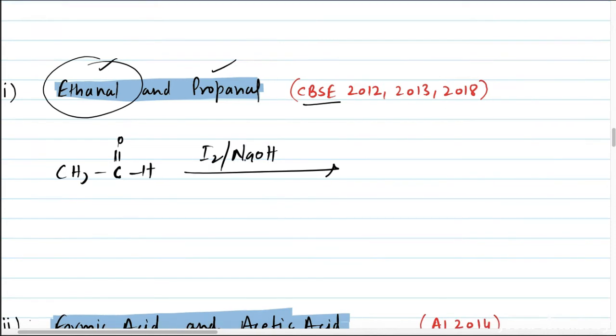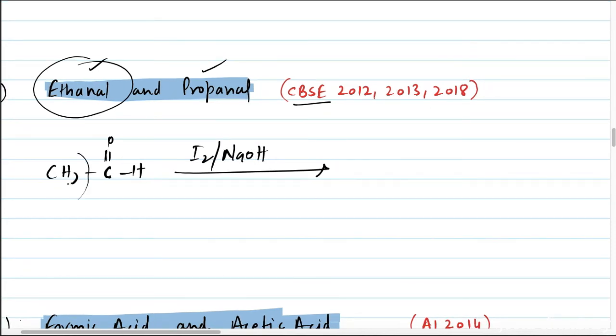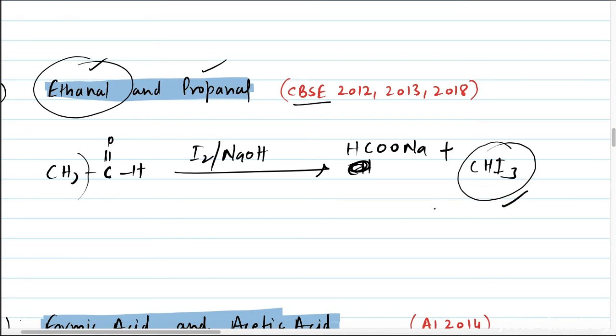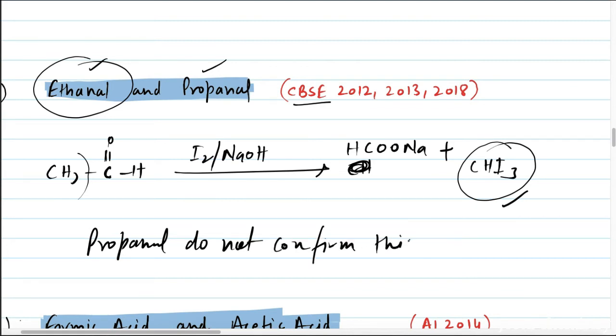No balancing is required. This is your CHI3, the yellow ppt, which indicates the presence of iodoform, and you have to write that propanol does not confirm this test in your exam.